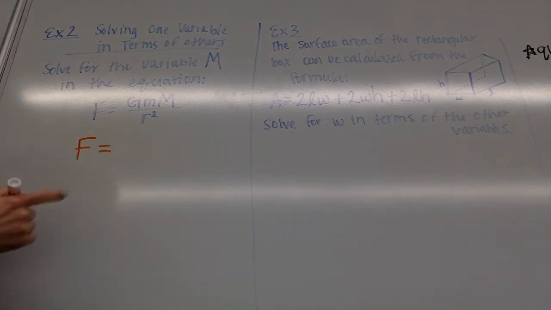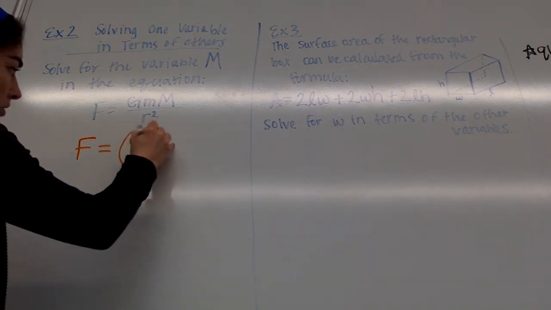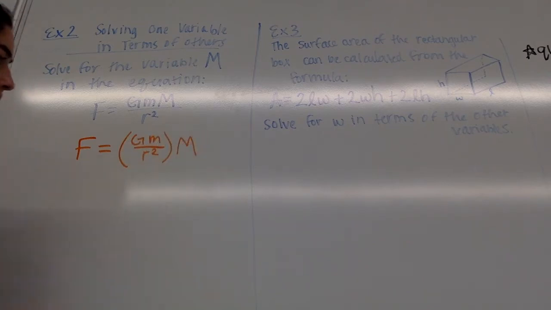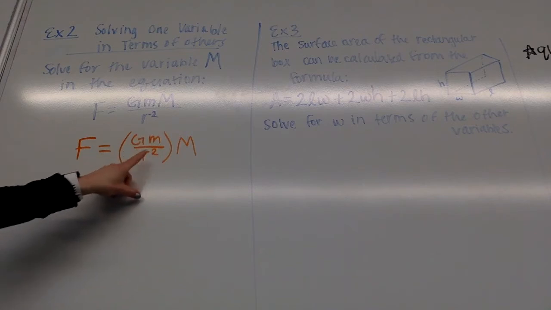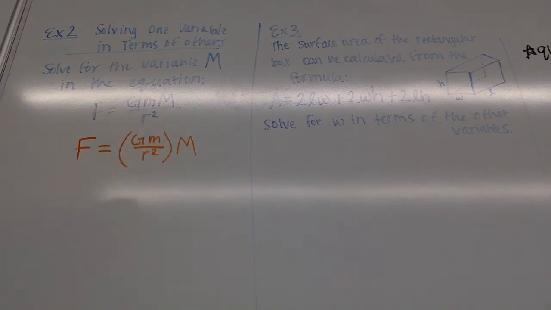So I'm going to rewrite the equation with the capital M by itself, which is the same thing because it's the fraction multiplied by M, and then that would just go back on top just like it was here. Okay, so now we have the M sort of by itself.